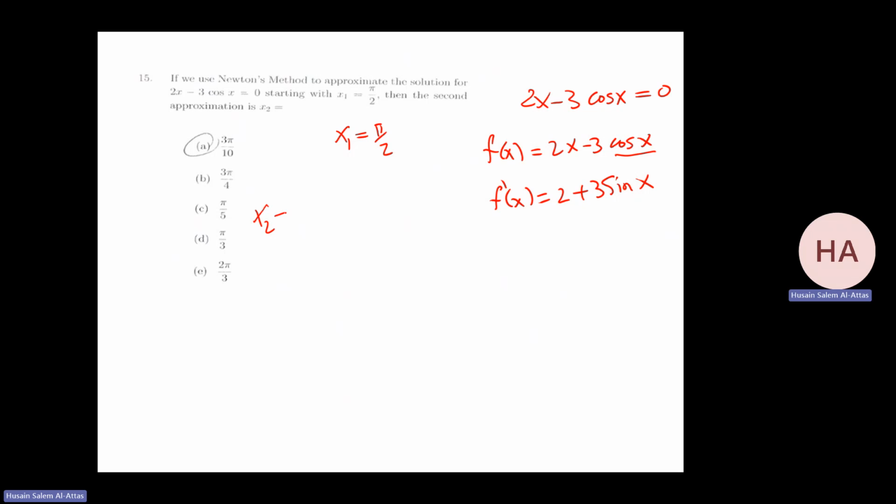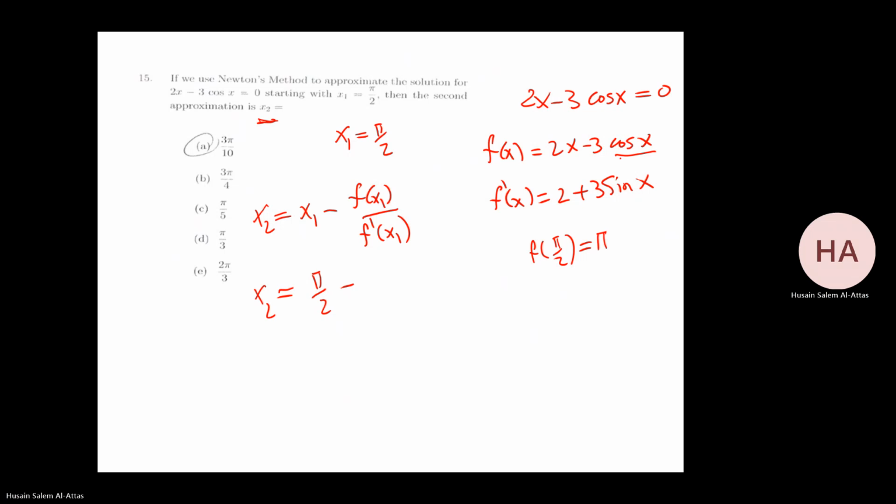Okay, so x2 will be x1 minus f of x1 over f prime of x1. I need x2 only, so I just plug in the number. So x2 will be pi over 2 minus f of x1. You need to be careful with the calculation. f of pi over 2 is 2 times pi over 2, which is pi. Cosine pi over 2 is 0, so it will be pi only.